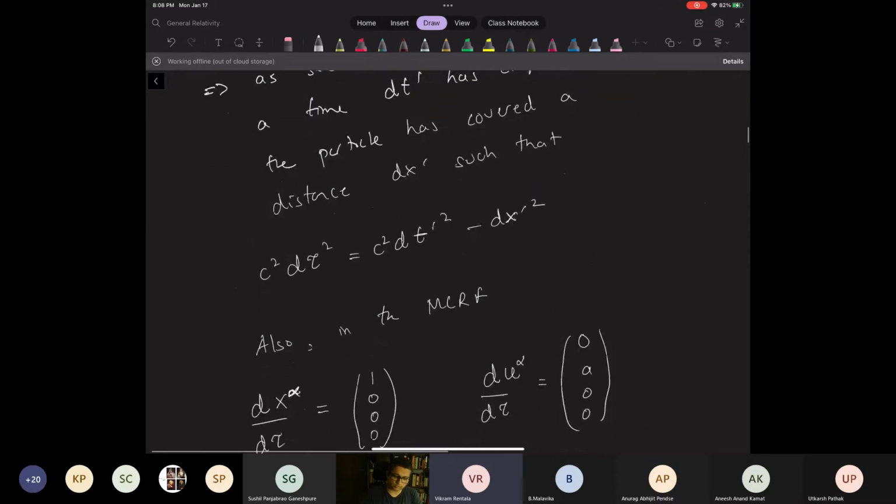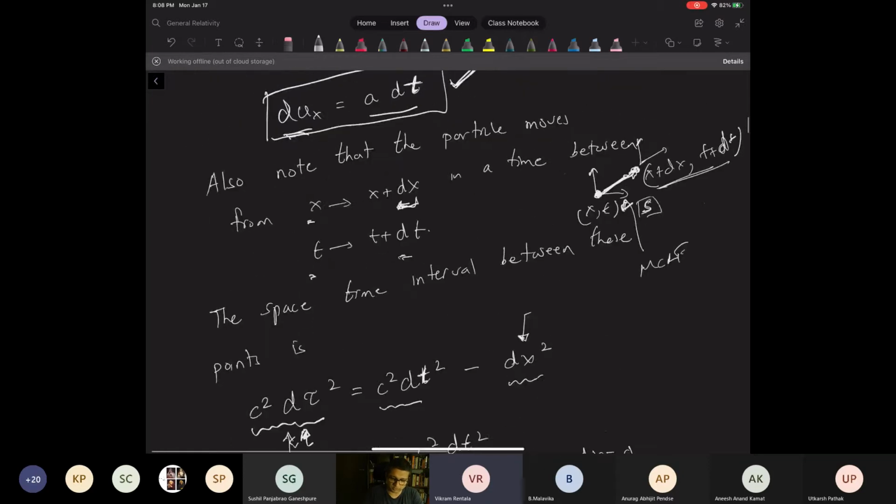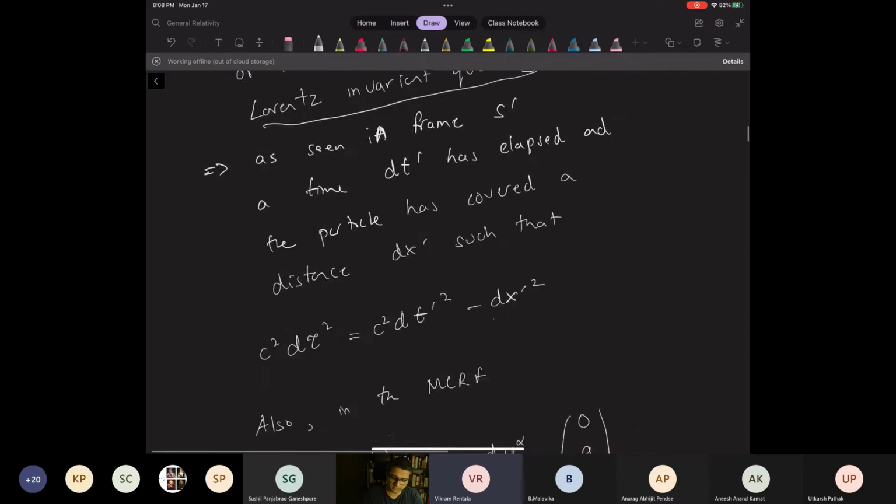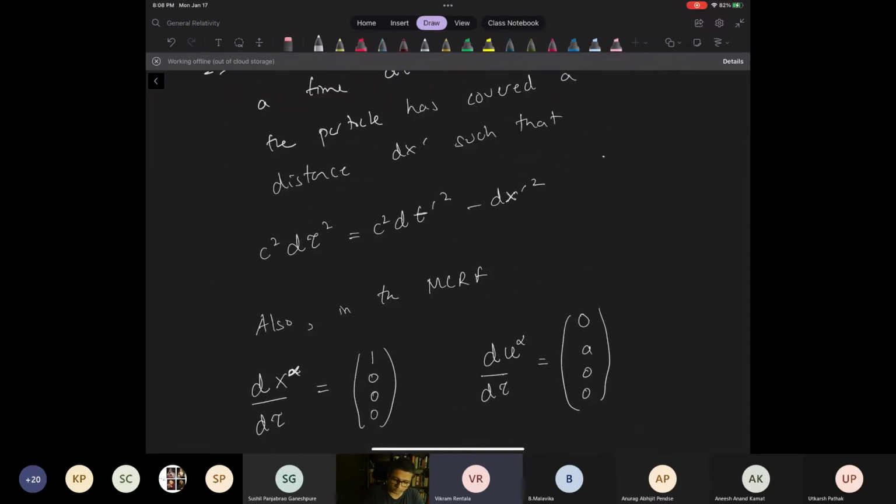So for example, if you're in the frame S prime, which was the original reference frame in which this particle is moving, the particle would have moved from some x prime, t prime to some x prime plus dx prime and t prime plus dt prime.